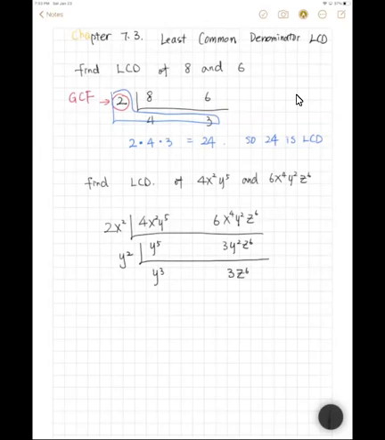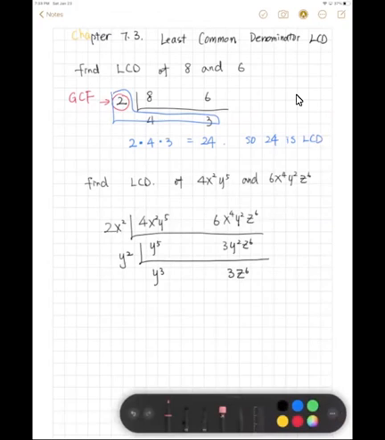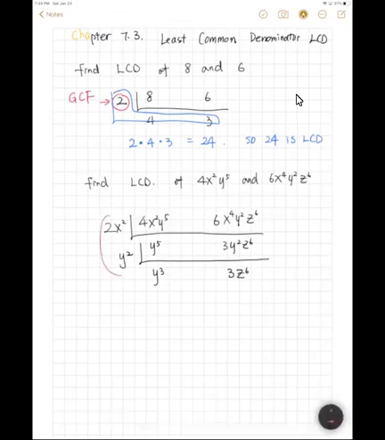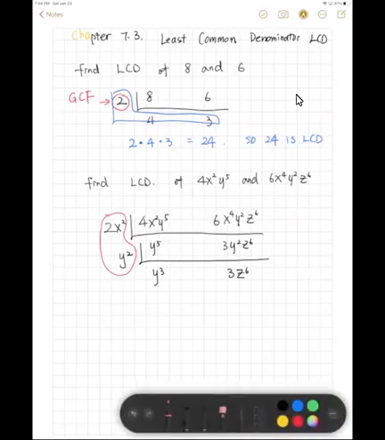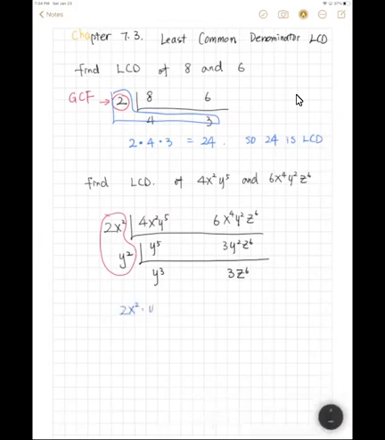Okay, so which one is our common factor? So the greatest common factor would be 2x squared y squared, right? But our least common denominator should be 2x squared times y squared times y to the 3rd times 3 times z to the 6th.